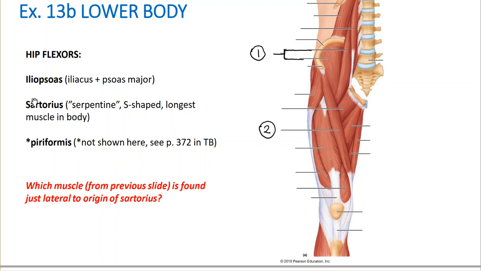Sartorius is the longest muscle in your body, and it's kind of serpentine or S-shaped. So think about the muscles labeled on this picture, which one fits. And then piriformis is a tiny little pyramid-shaped muscle, like a little triangle, and it's deep to all of your glutes. So check it out on the page I've noted.